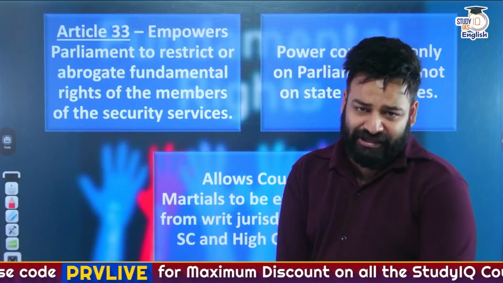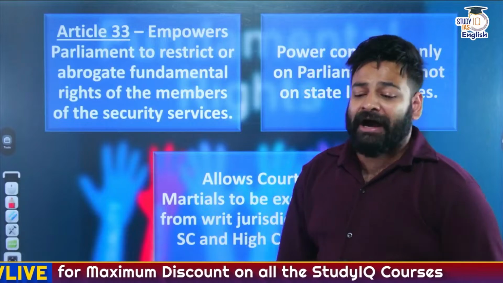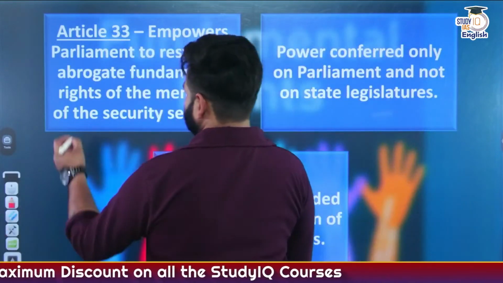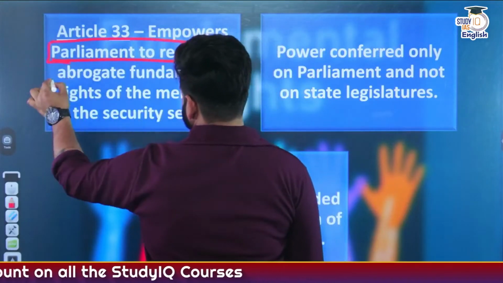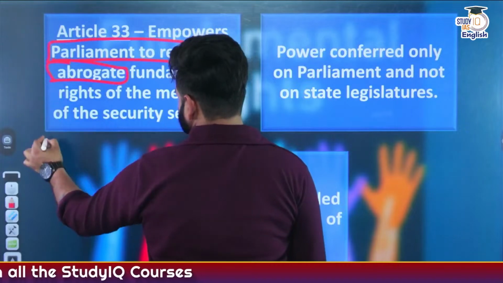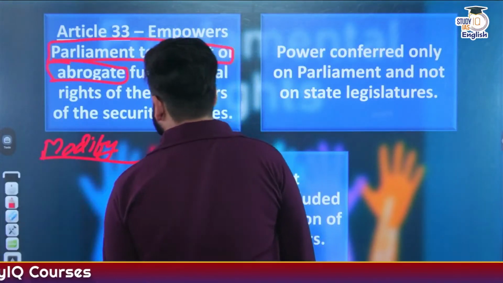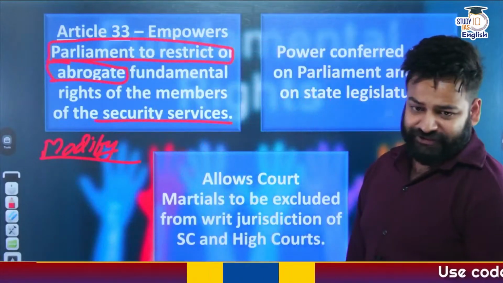Only and only, remember, only and only the Parliament of India has got this authority, right? So the Parliament can restrict, abrogate, or simply you can write modify the rights of the persons involved in the security or the armed forces.